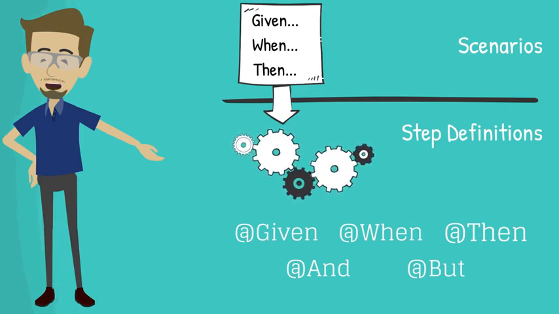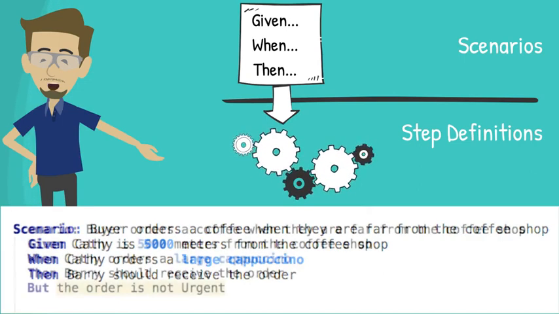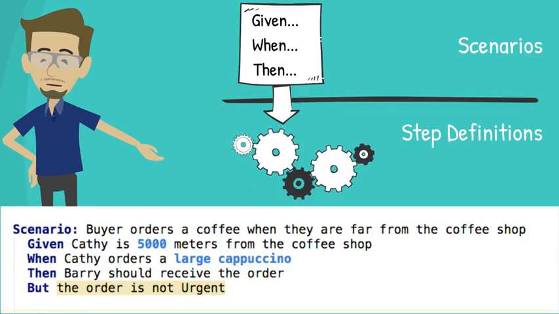Sometimes you can make your expressions clearer and easier to read if you use and or maybe but. It makes these scenarios read more smoothly. For example, suppose we had another scenario. Buyer orders a coffee when they are far away from the coffee shop. We might say something like this: given Kathy is 5,000 meters away from the coffee shop, when Kathy orders a large cappuccino, then Barry should receive the order, but the order is not urgent.